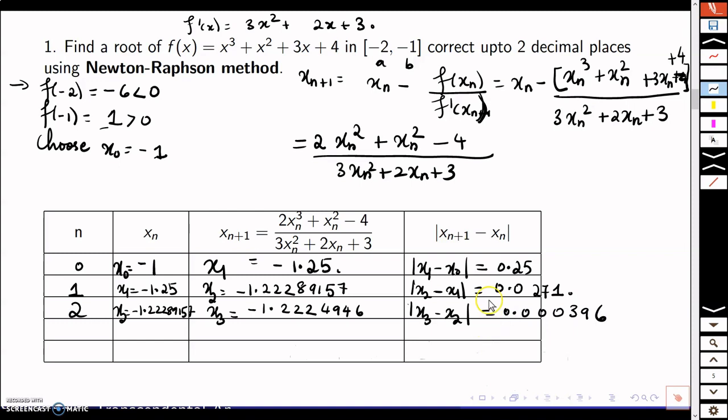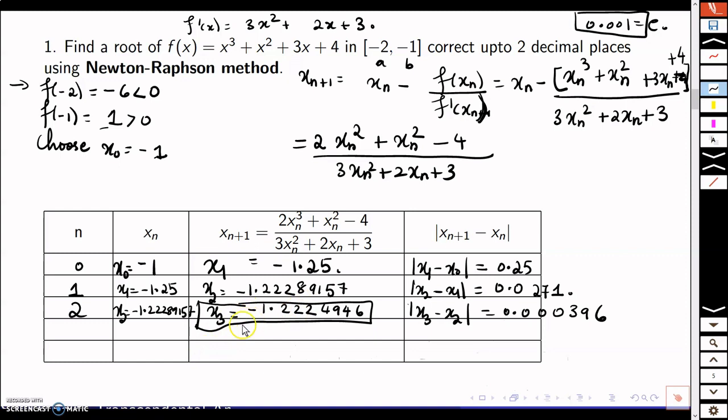Okay, and the error level has already gone below the desired level. We wanted 2 decimal places, that is 0.001, this error level, right? And it has already passed that, so we have obtained the approximate root accurate up to 2 decimal places.